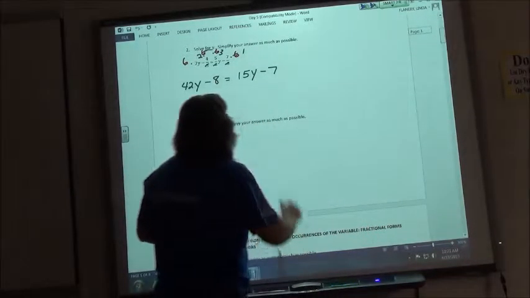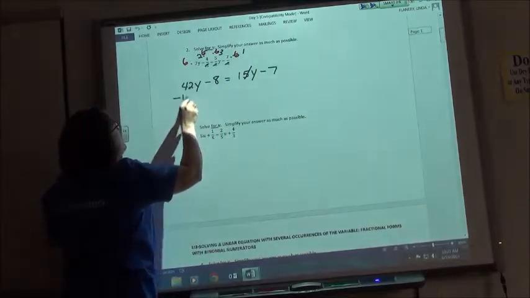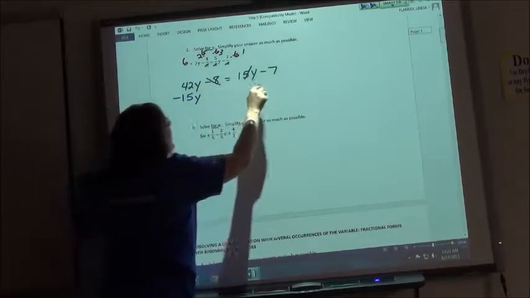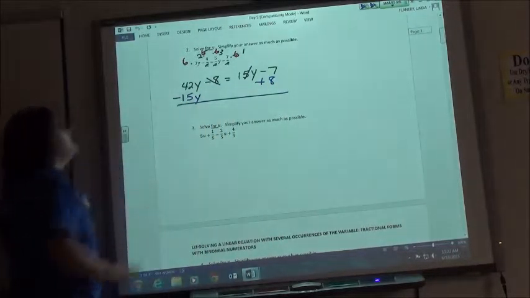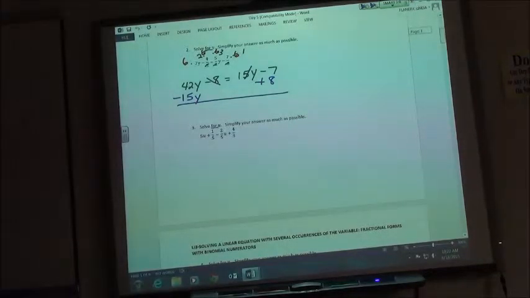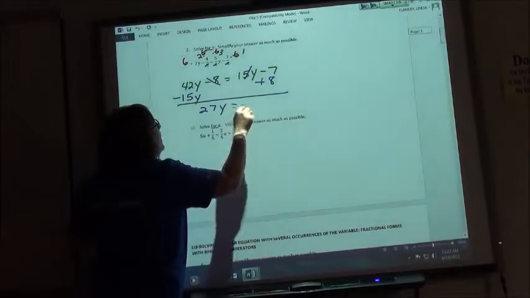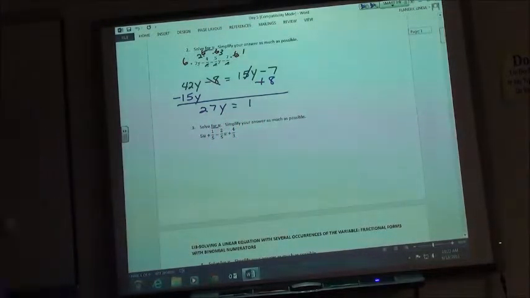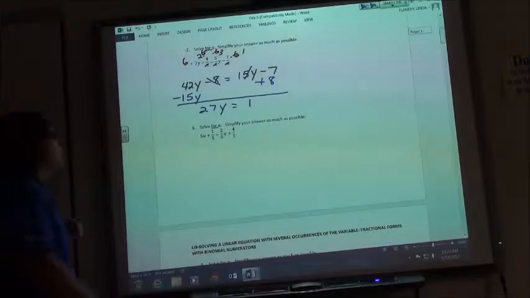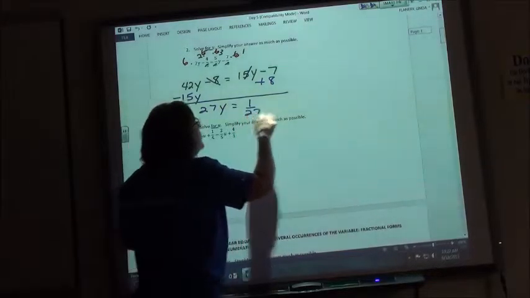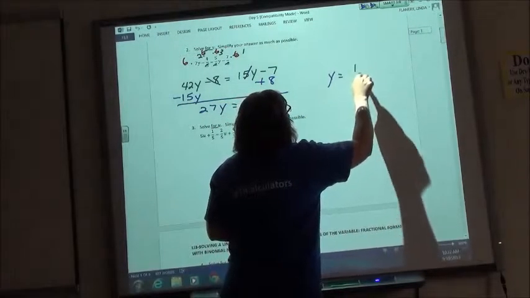So if we're going to solve this, I'm going to subtract my 15y and add my 8 to move that over to the other side. So 42 minus 15 is going to give me 27y equals 1 then. And then if I divide by my 27, y equals 1/27.